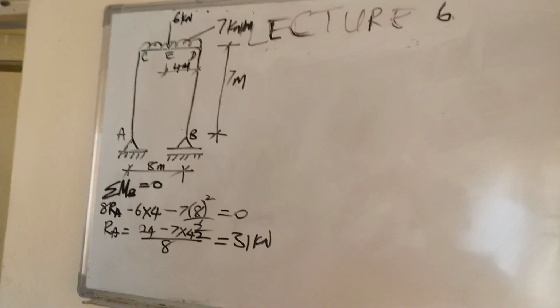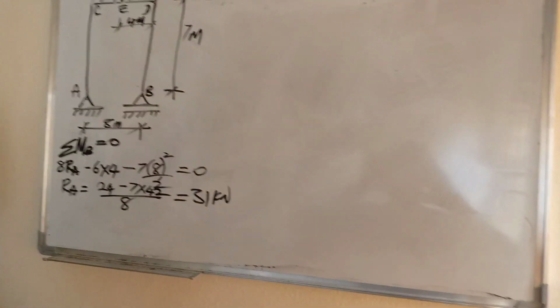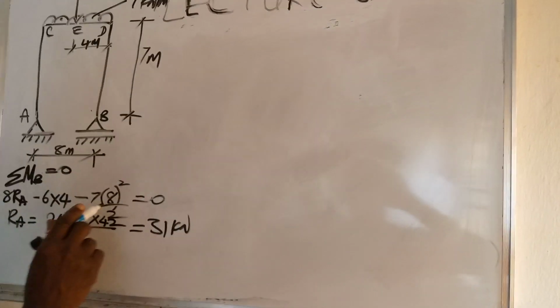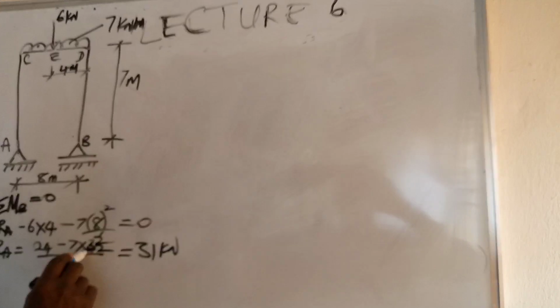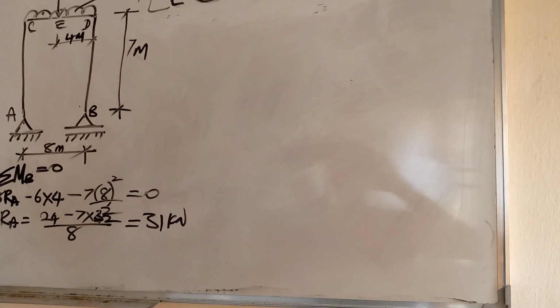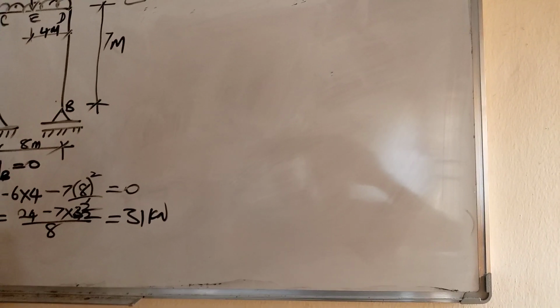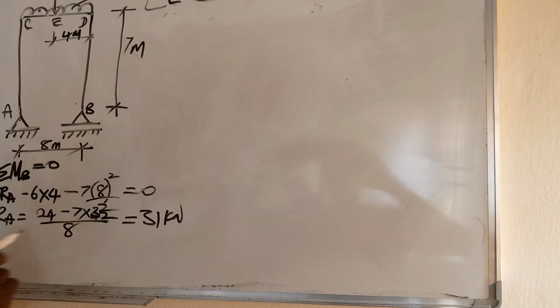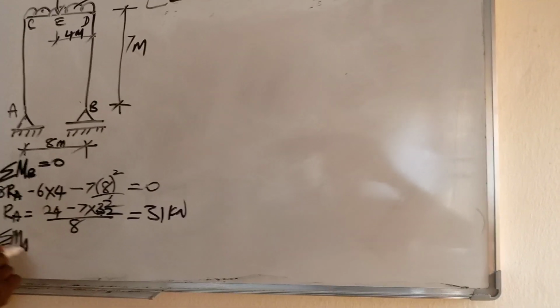RA is equal to 31 kilonewton. And this is 32, 64, 32. Eight squared is 64.